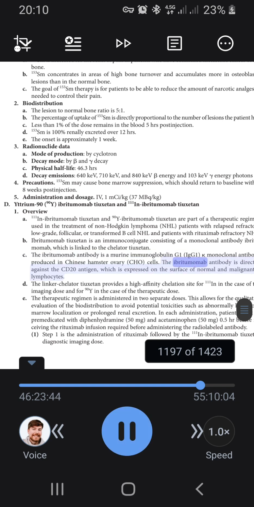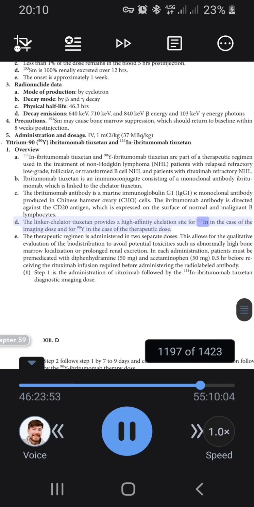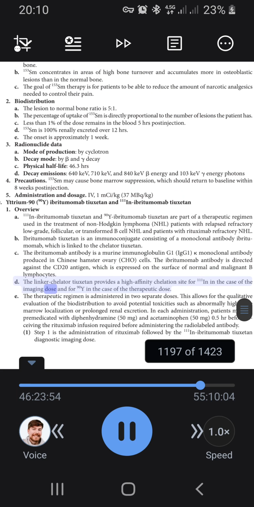The ibritumomab antibody is directed against the CD20 antigen, which is expressed on the surface of normal and malignant B lymphocytes. D. The linker chelator tiuxetan provides a high-affinity chelation site for indium-111 in the case of the imaging dose and for yttrium-90 in the case of the therapeutic dose.